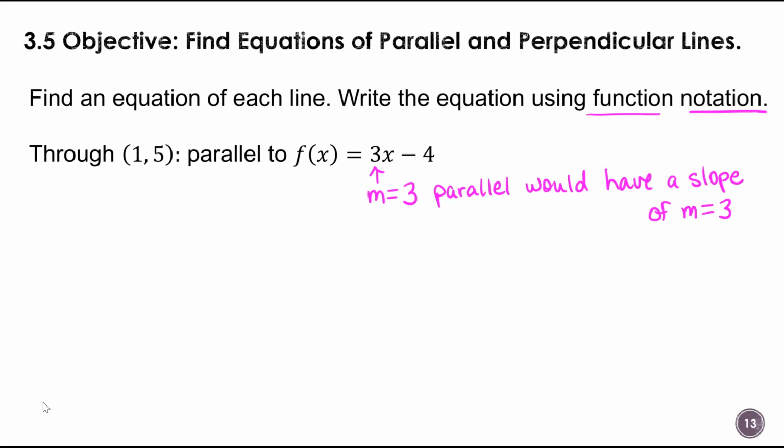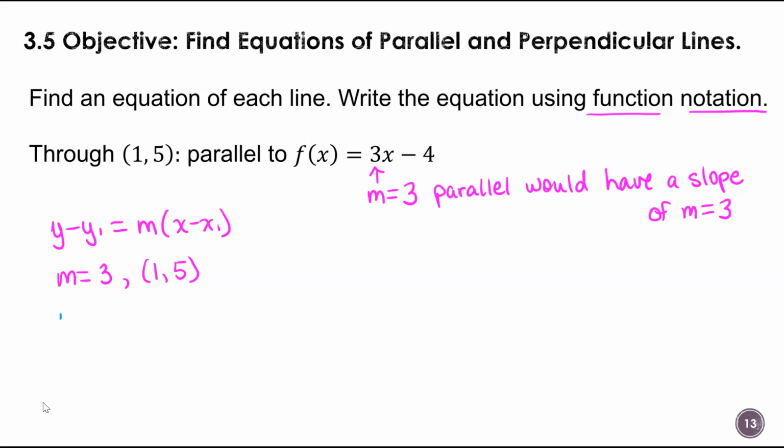Okay, and we need to know that because to write this equation, we simply have to know the slope and the point. Okay, so we're going to write the equation of the line using point slope. We know our slope is 3 now, and the point that we have to go through is at 1, 5. All right, so let's substitute into the formula.